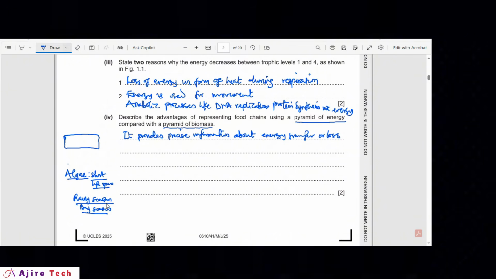So in rainy season, we expect that the biomass of algae will be large, but in dry season, they will have small biomass.